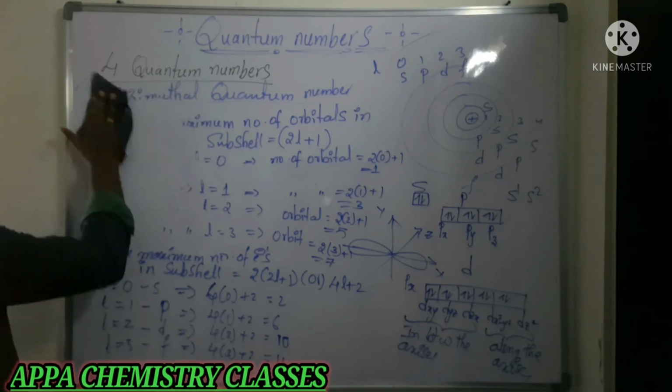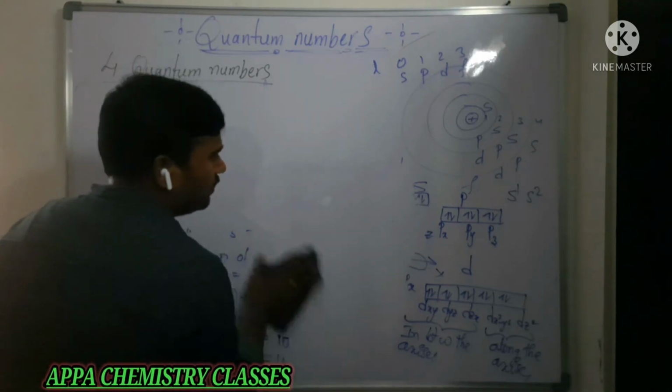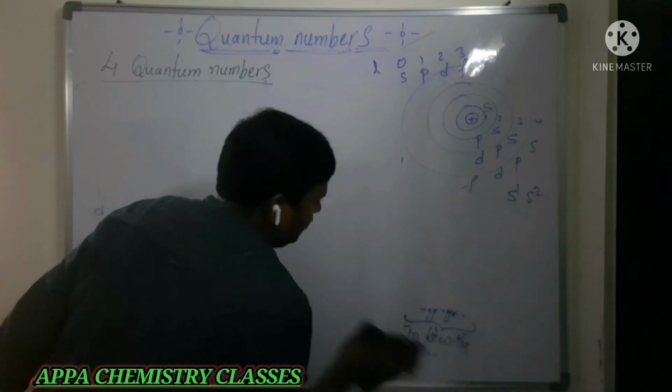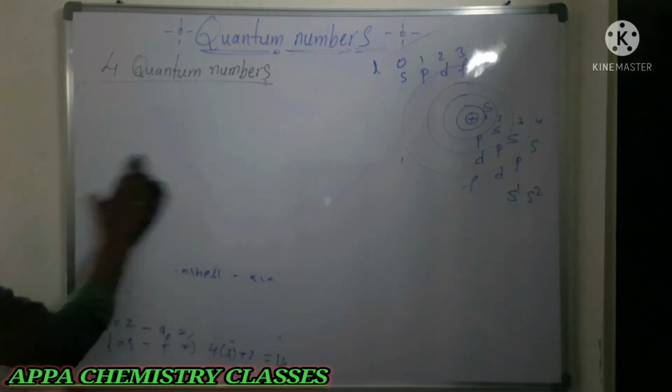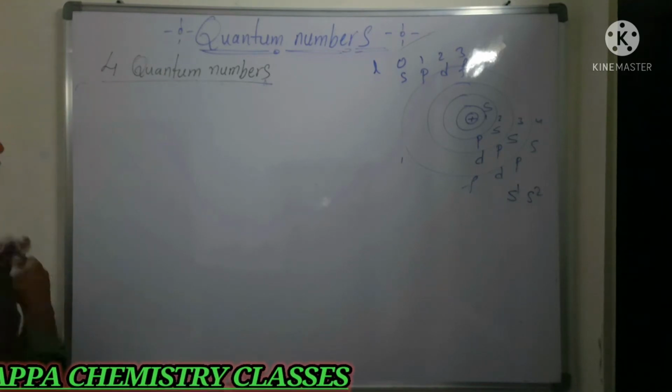Next we are going to see the third quantum number. What is the third quantum number? The third quantum number is the magnetic quantum number.